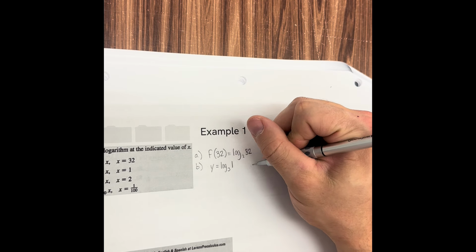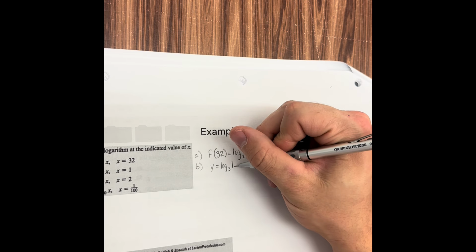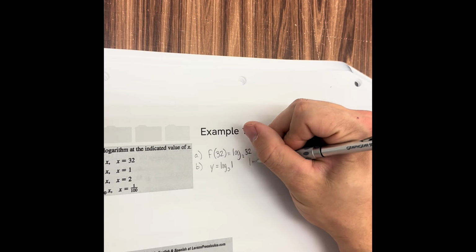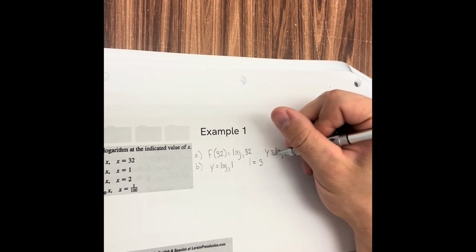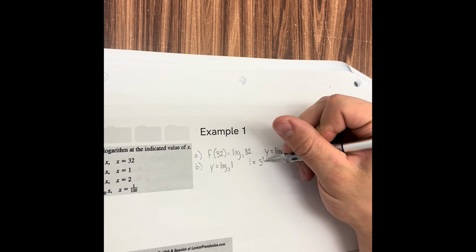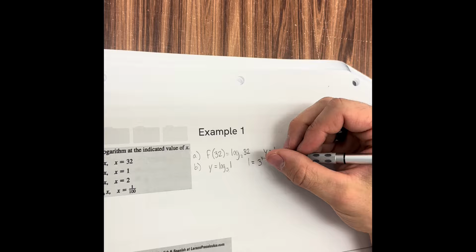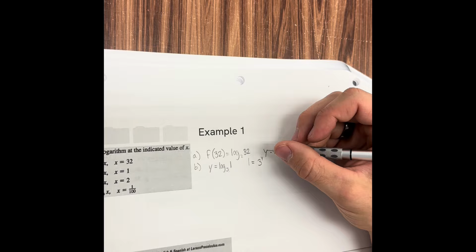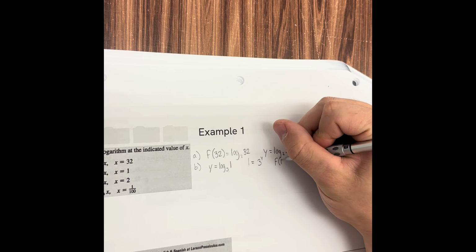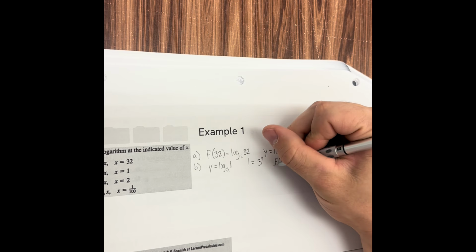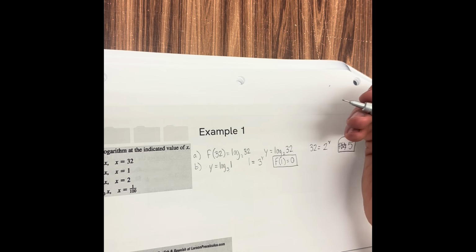So that means that this number inside of your log, 1, equals your log base 3 to the power of the other side, y. Right, so 3 to the power of y equals 1. Anything to this power gives you 1. I'll let you think about what it is. It's 0. All right, so f of 1 equals 0. So when you plug in 1 to this equation, it's going to give us 0.